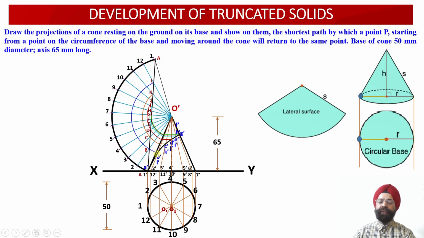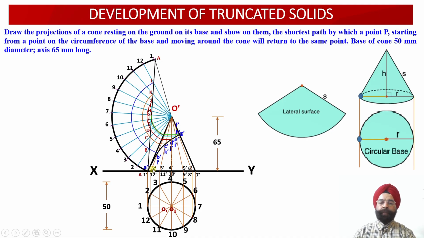So this is the front view projection of the path followed by the point while completing one revolution alongside the surface of the cone, such that the distance covered by the point P should be minimum over here. So the 12 points of intersection we have been able to obtain in the front view projections.